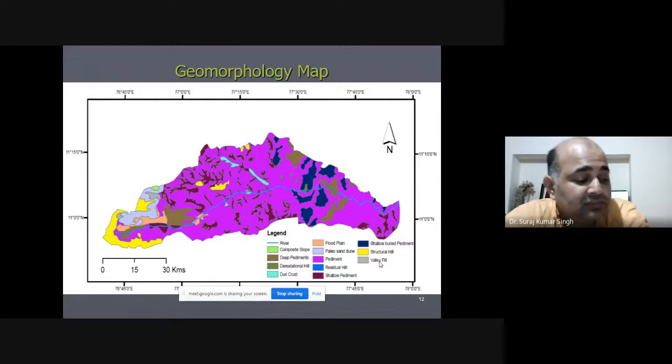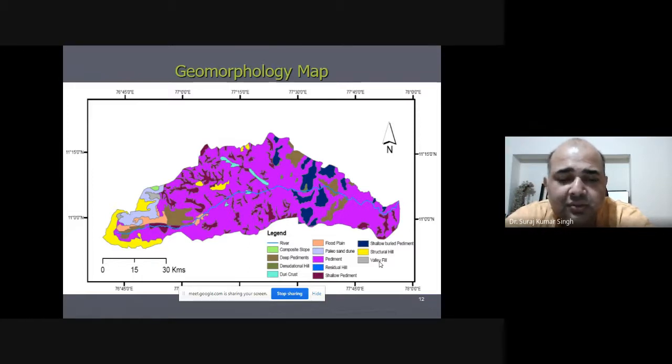We have a large collection of satellite images available from 1972 till date, and we can use those images for creation of various kinds of geomorphological, geological, structural, surface water and underground water maps.